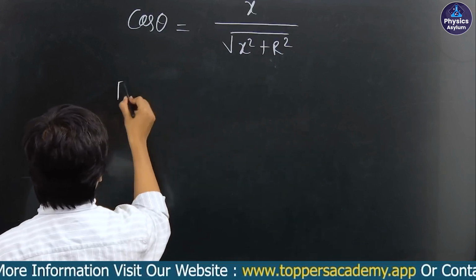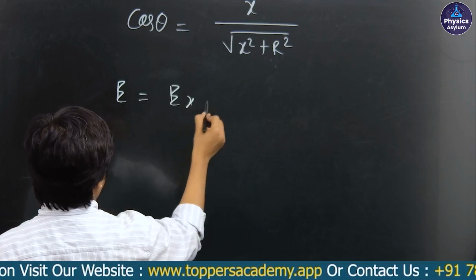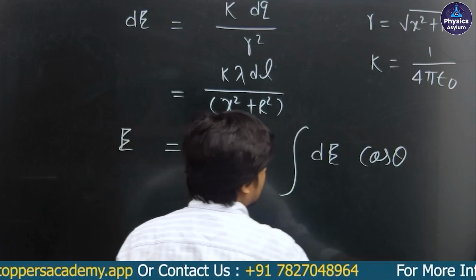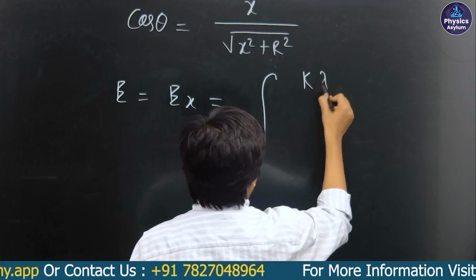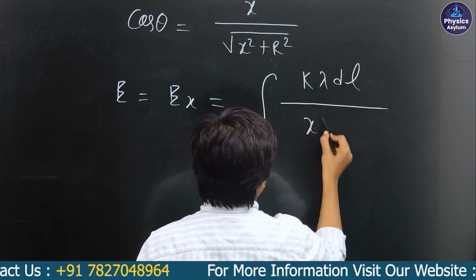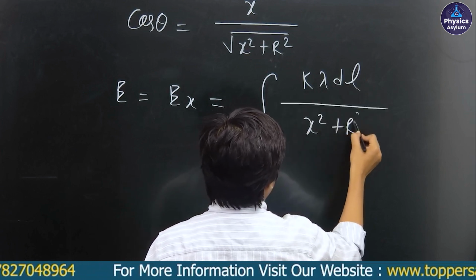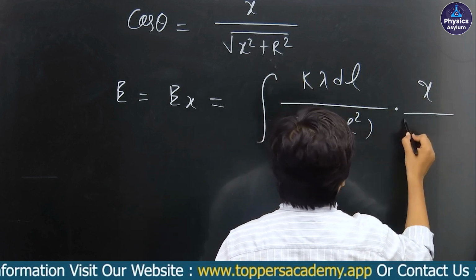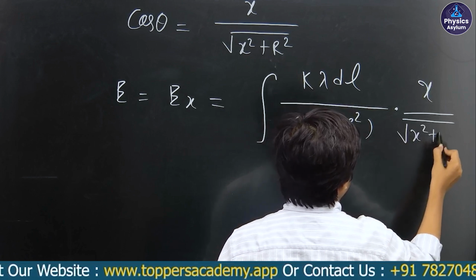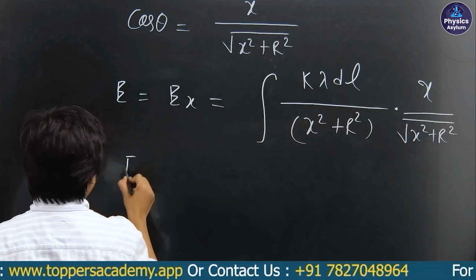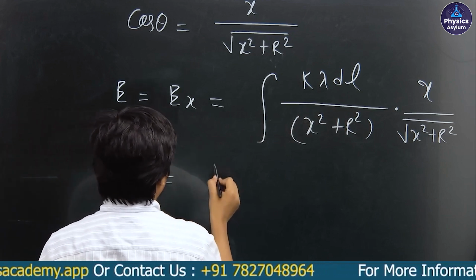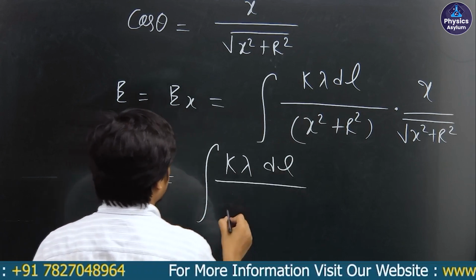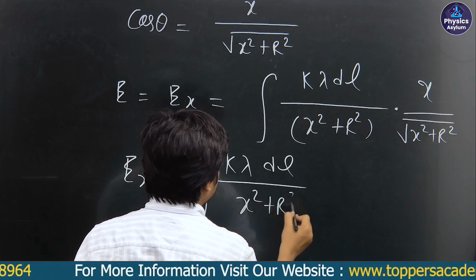I will get the total electric field, which is only the x component, equal to k lambda dl divided by x square plus r square into cos theta, that is x divided by square root of x square plus r square. So this Ex will be equal to k lambda dl divided by x square plus r square raised to the power 3 by 2.